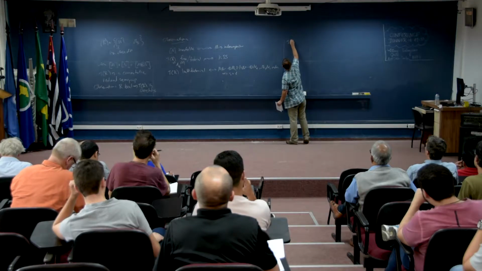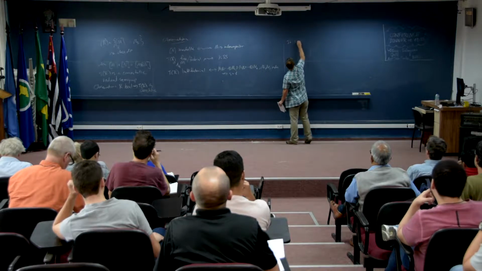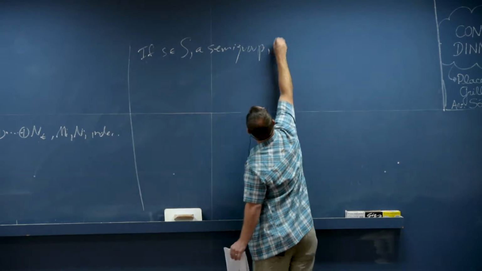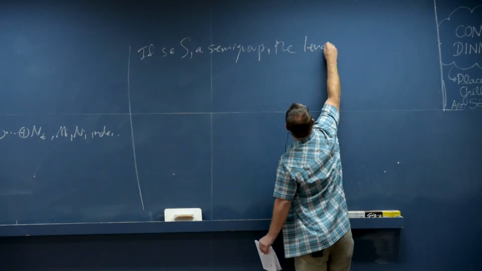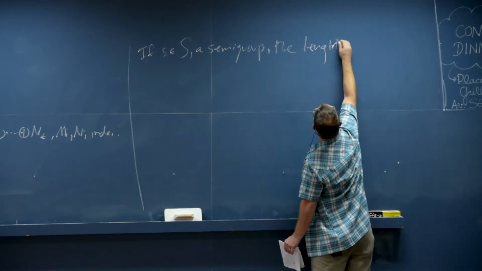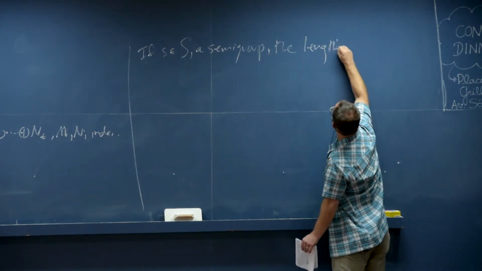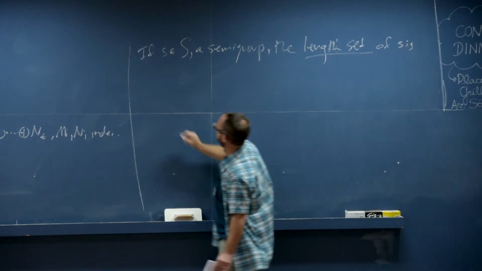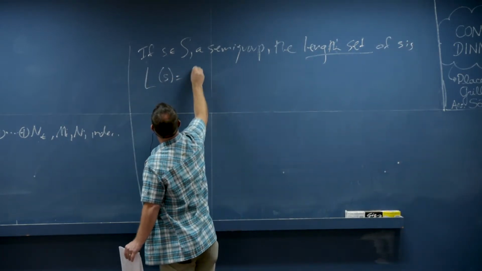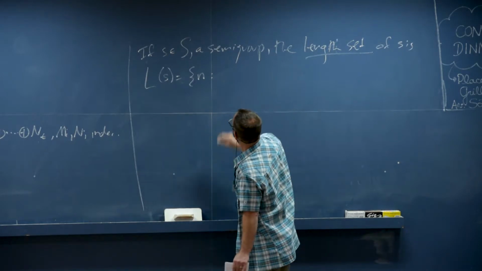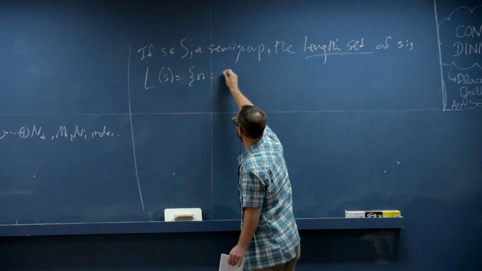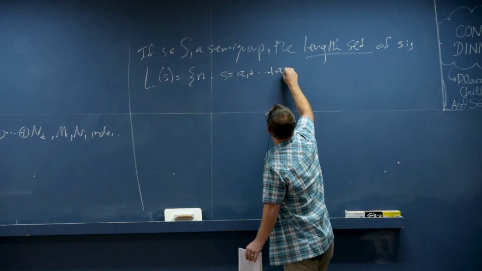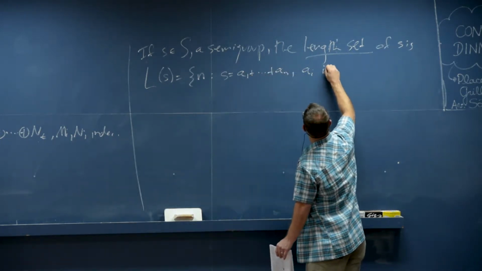So if S is a semigroup, the length set of an element s is just the set of natural numbers n, the lengths of factorizations, so that s can be written as a1 plus through an, where each ai is irreducible.